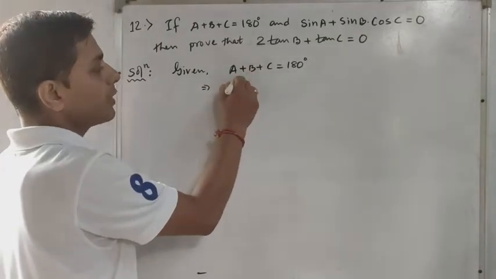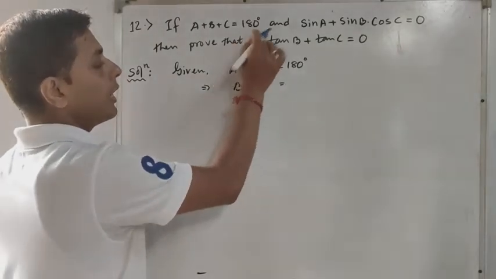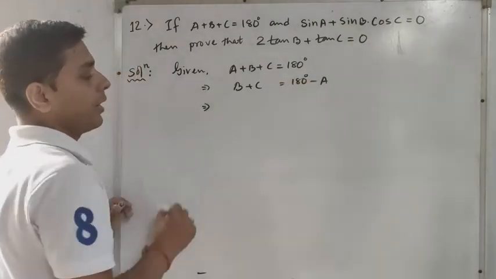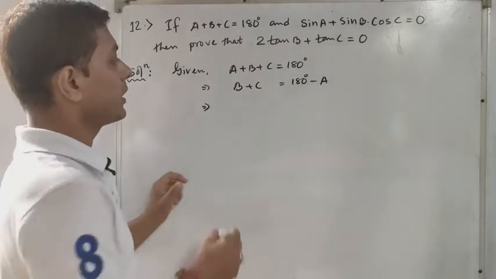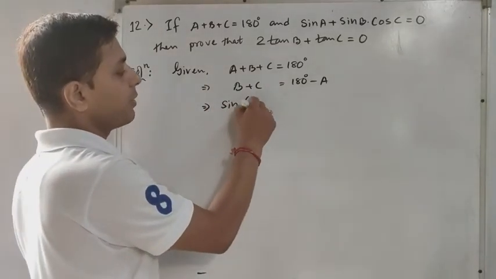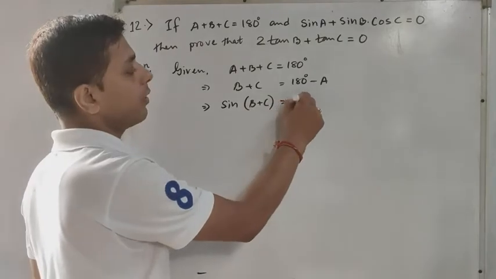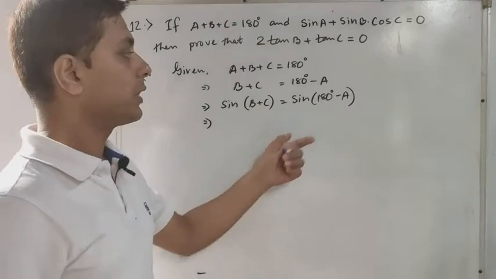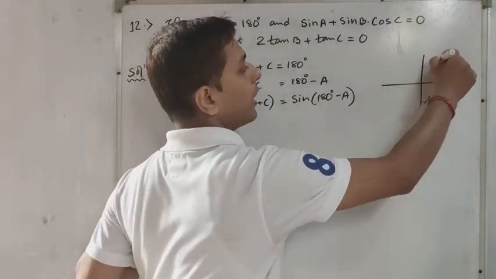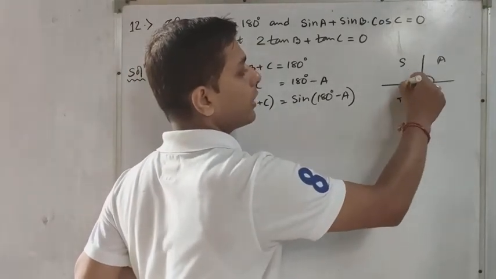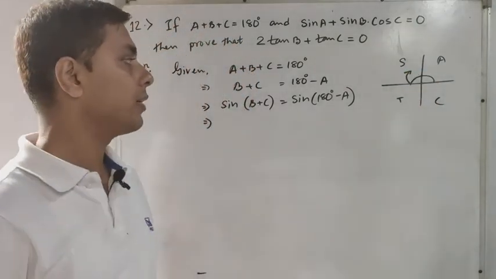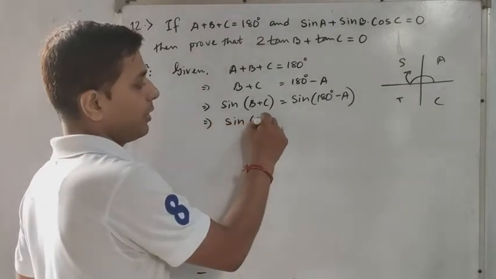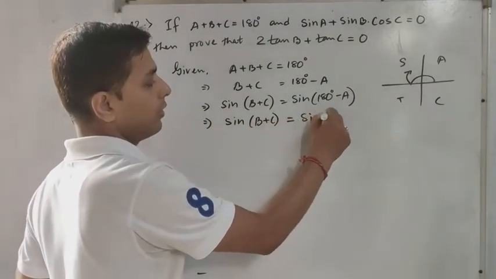Let us keep B plus C on this side, and shift A to the other side, then it would be 180 degree minus A. Now let us take sine on both the sides: sine of B plus C, and sine of 180 degree minus A. All of you know, by ASTC, sine 180 degree minus A lies in the second quadrant, and in the second quadrant sine is positive, so it will be sine A. Sine of B plus C is equal to sine A.